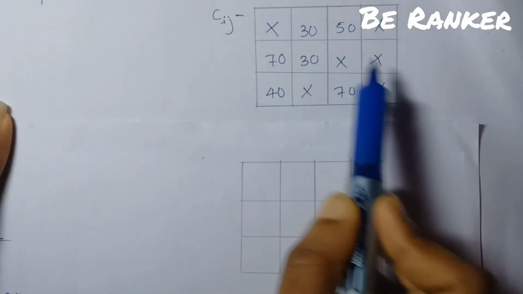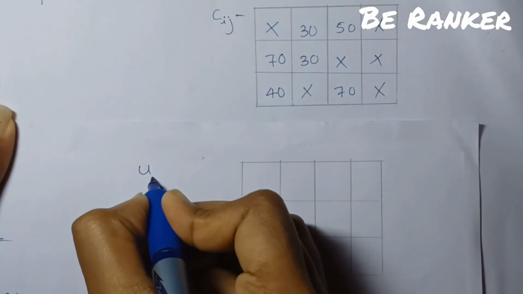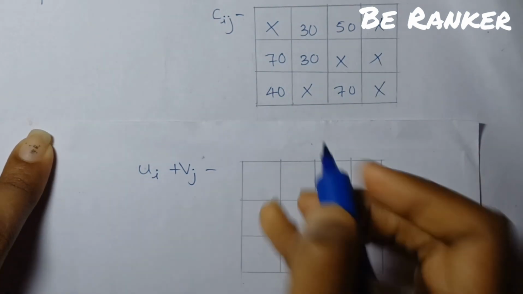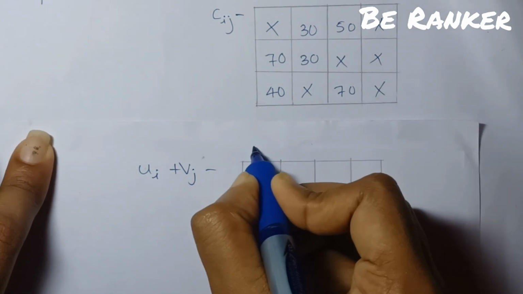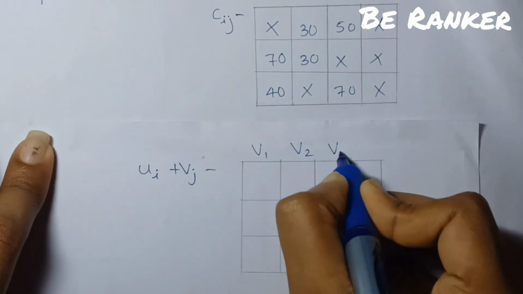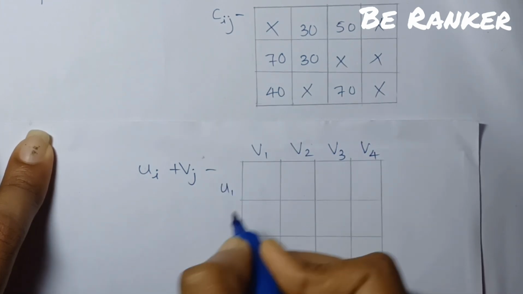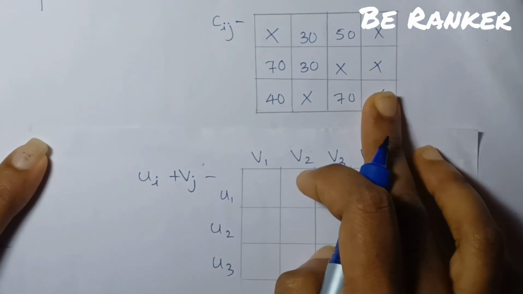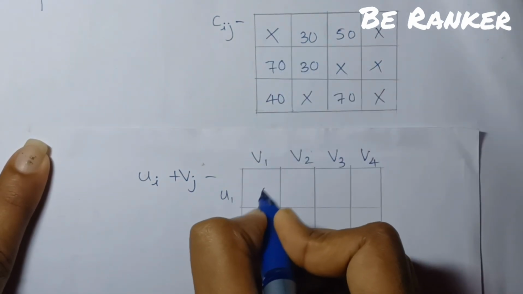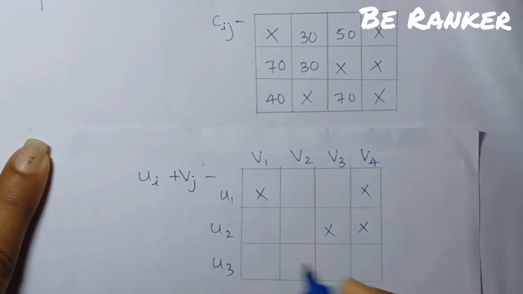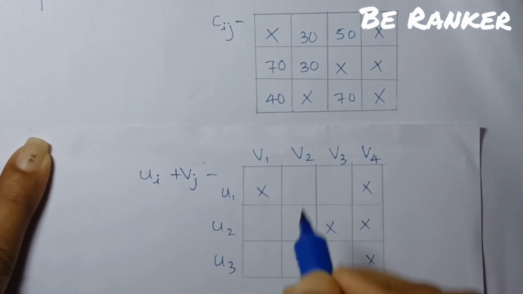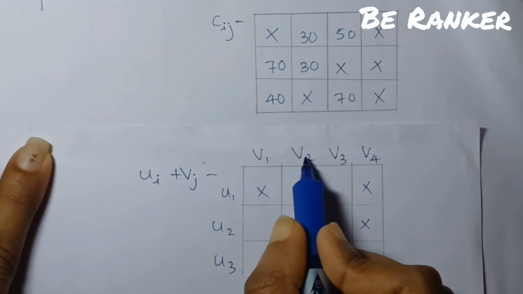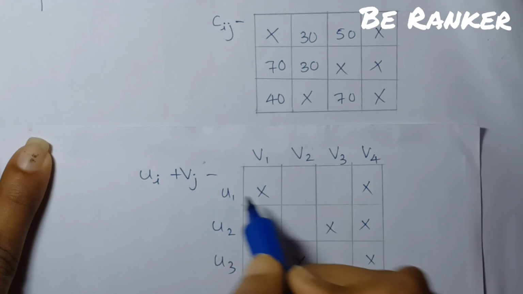After finding the Cij box, we want to find the Ui plus Vj box. For that, I name these columns V1, V2, V3, V4, and rows U1, U2, U3. Like the Cij box, I cross all the allocated cells. Then in each non-crossed cell, I write the sum of the V value and U value.